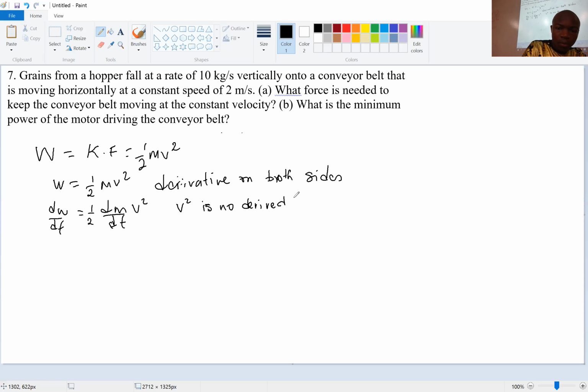But you also know that this right here is power, and power is force times velocity. So from force times velocity equal to that, you can cancel velocity: one velocity on this side, one velocity on this side. You still have mass, force, and one velocity only there. Power is force times velocity.